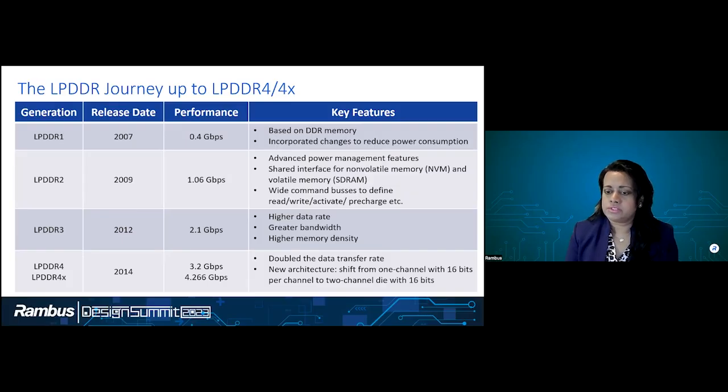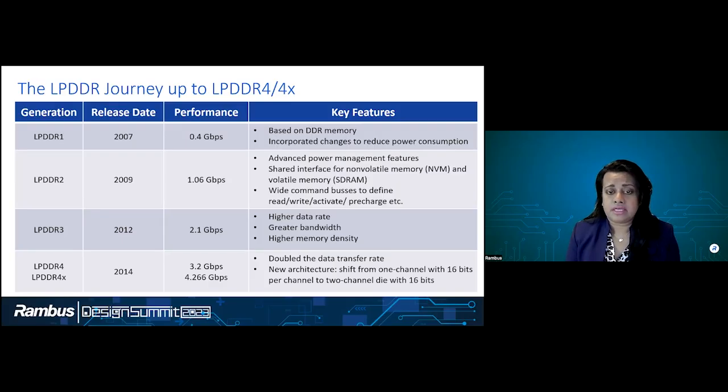LPDDR2 was released, and this delivered many new enhancements over the first generation of LPDDR. It offered advanced power management features, and a shared interface for non-volatile and volatile memories.